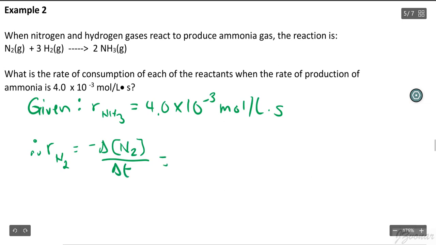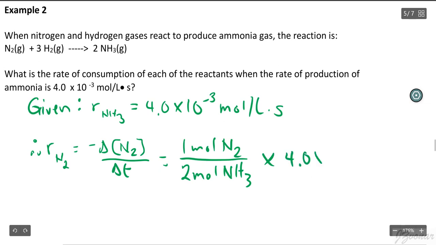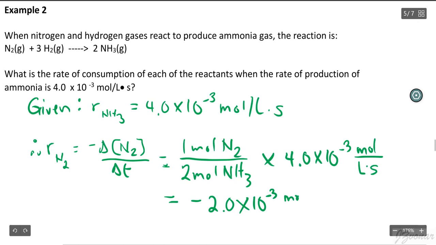And that's going to be, if we look at our ratio, nitrogen is 1 mole of nitrogen over 2 moles of ammonia from the balanced equation times the rate that's been given, which is 4.0 times 10 to the negative 3 moles per liter per second. And when I work that out here, I get a negative value because it's being consumed or used up. So it gives me 2 times 10 to the negative 3 moles per liter per second for nitrogen.